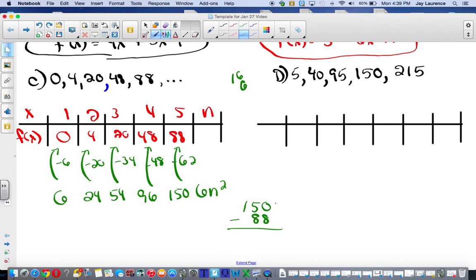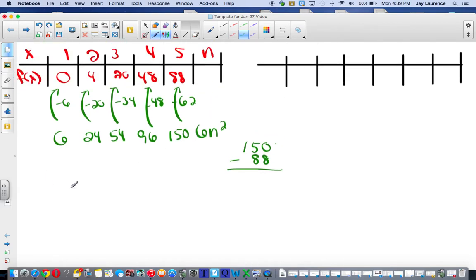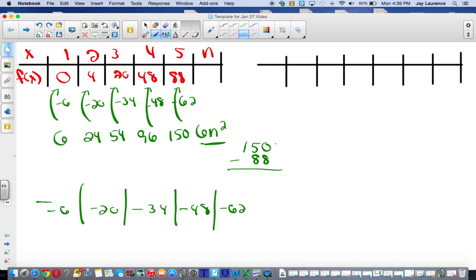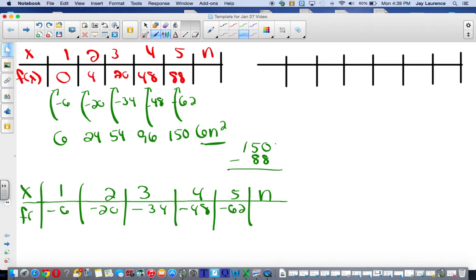So now I'm going to make a table out of those residuals. I know it's going to be something plus 6n squared, but I'm going to take the negative 6, the negative 20, the negative 34, the negative 48, and the negative 62, with 1, 2, 3, 4, 5. There's n, there's x, and there's f of x. All right, so it looks like I have to subtract 14, subtract 14, subtract 14.